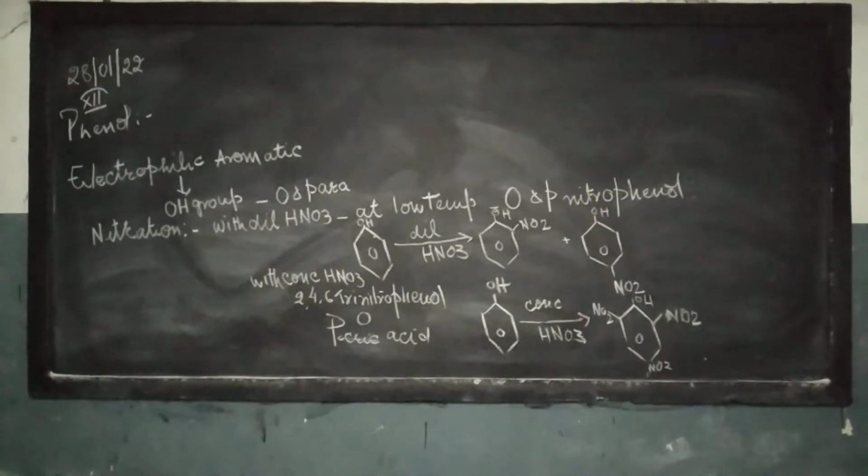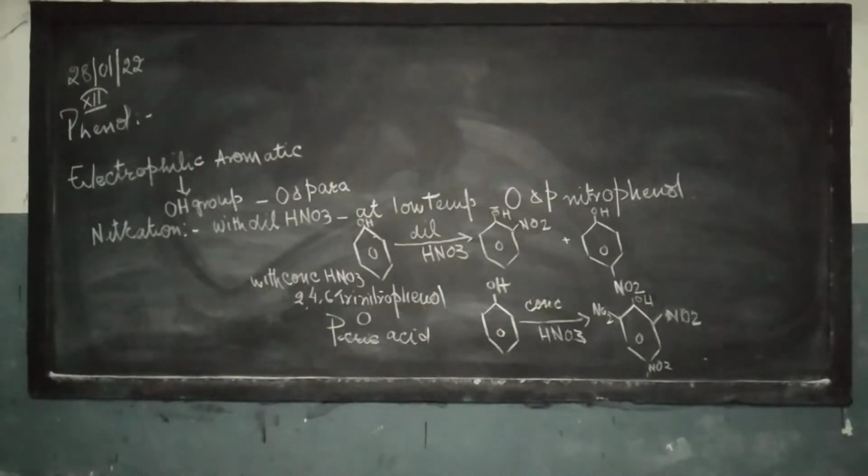nitration is carried out with concentrated nitric acid. It gives 2,4,6 trinitrophenol, also called picric acid. Please keep in mind how you obtain picric acid from phenol.